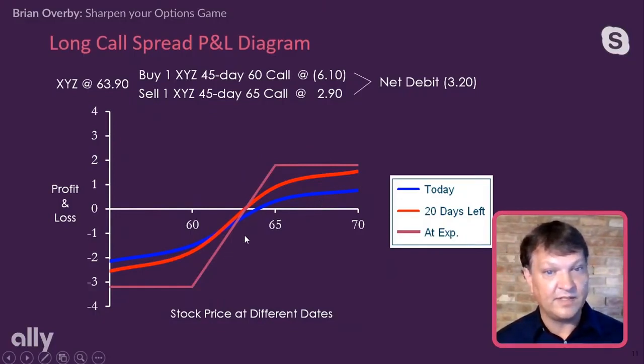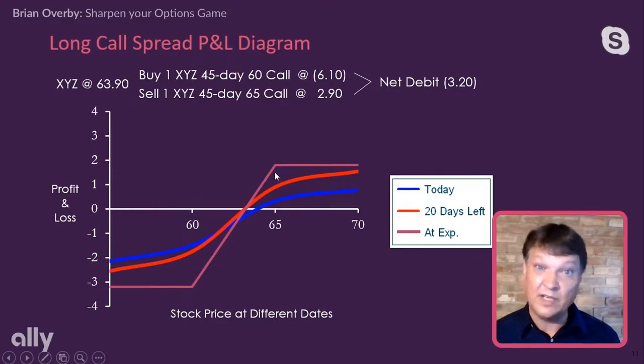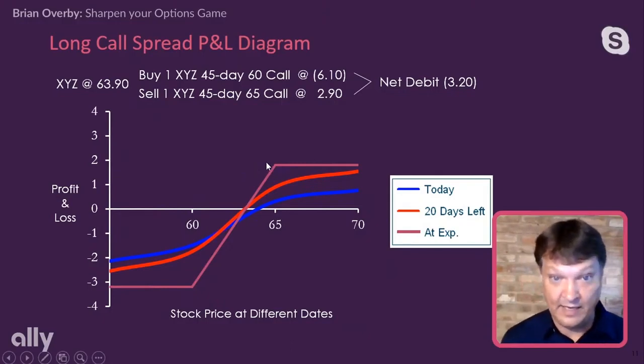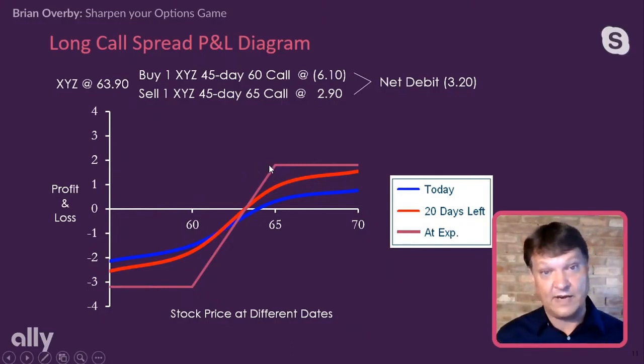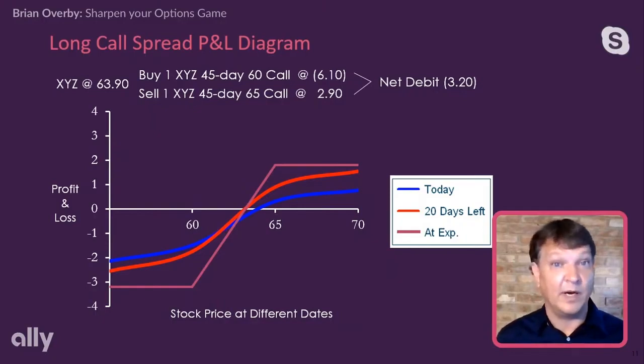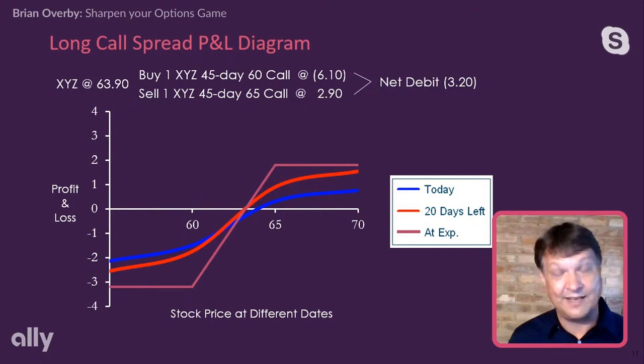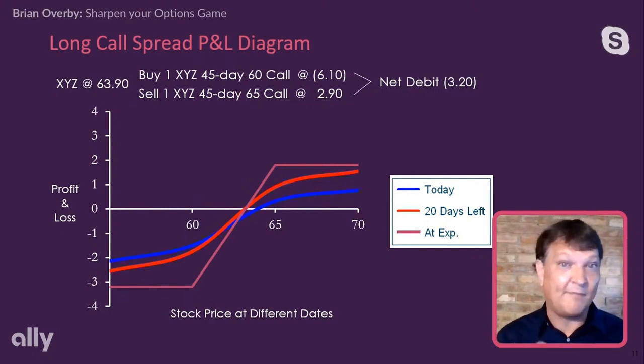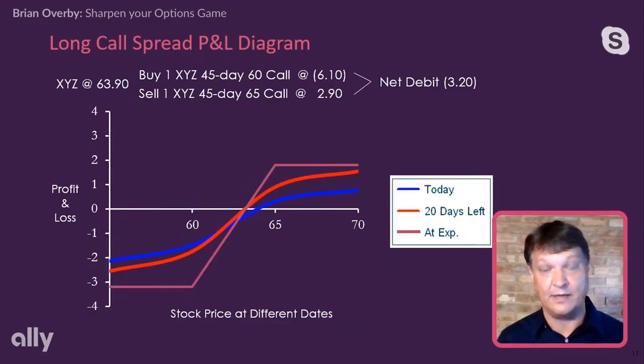Here's the one downside of doing spreads: if the stock reaches your strike right away and you get no time premium decay, you have one option contract that is saying, I would like the market to go down, and that's the option that we're selling. You have one option contract that says the market wants to go up, and they kind of fight with each other as long as there's time value in that option contract.